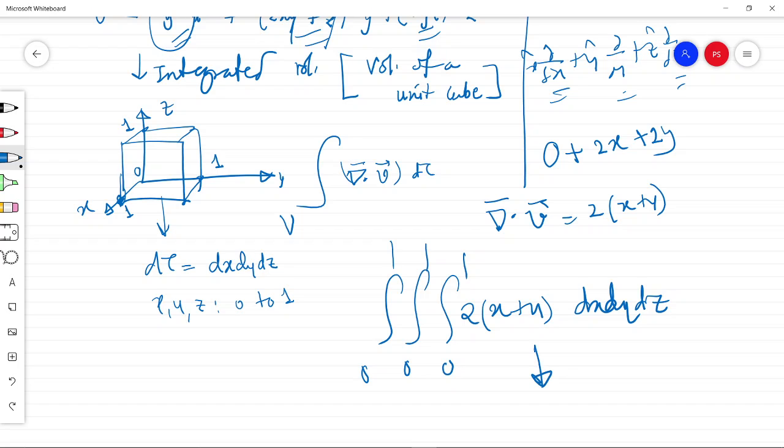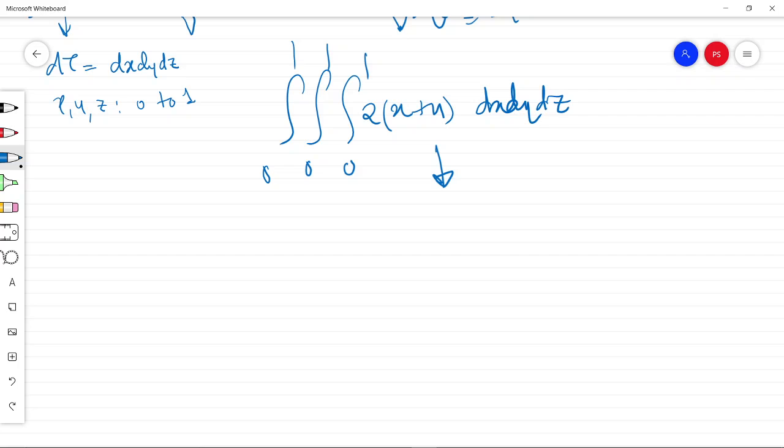This can be easily solved by applying the techniques of integration. Let us try to solve this. This factor 2 can be taken outside the integration since it's a constant. The integral of (x plus y) dx would give us half plus y.